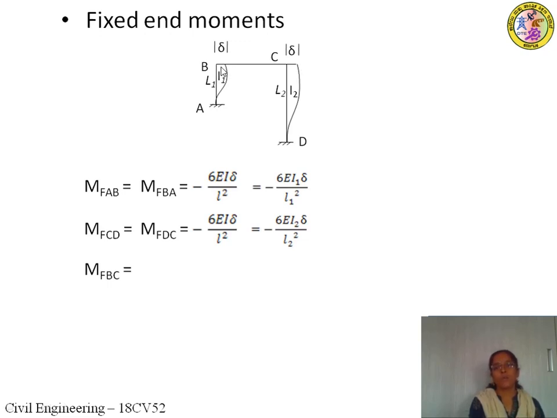Therefore BC is in the horizontal line only. Therefore MFBC and MFCB will be equal to 0. We are not going to take this 6EI delta by L square for the horizontal member. So this 6EI delta by L square is considered only for the vertical members. You have to keep it in mind that the minus 6EI delta by L square is calculated only for the vertical members. So that is for the fixed end moments.